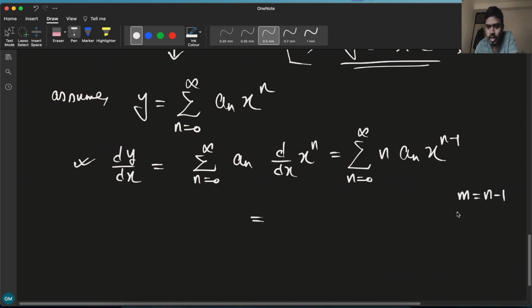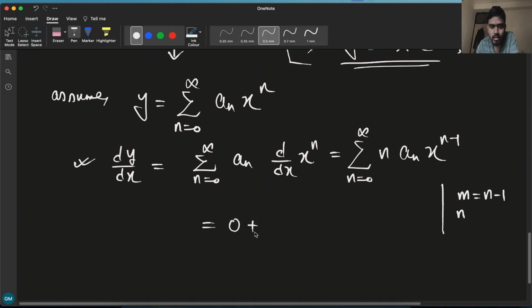Let me write another step here. If you put n equals 0, then this term is 0, because there is an n factor.